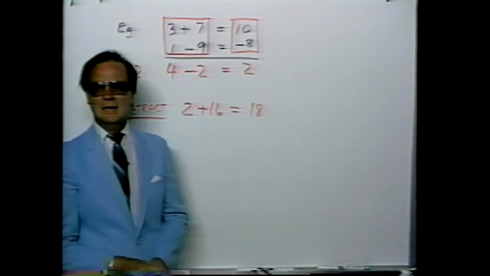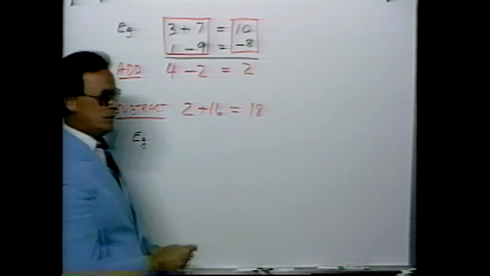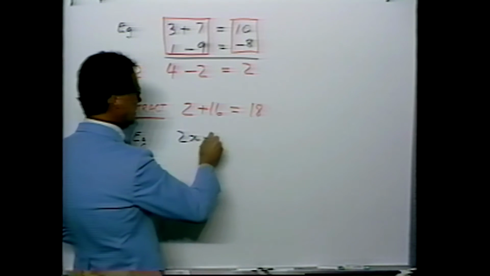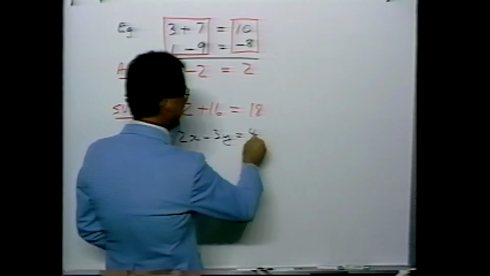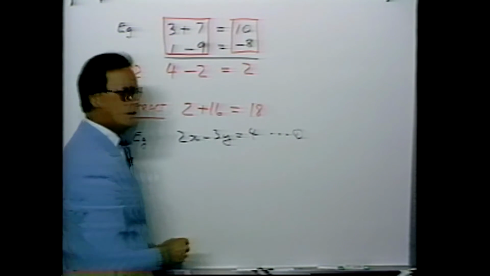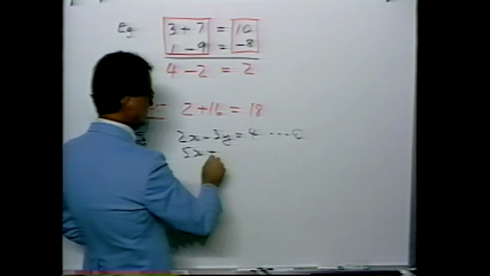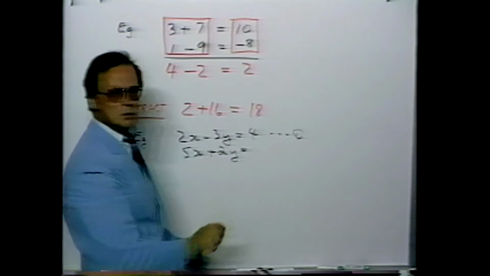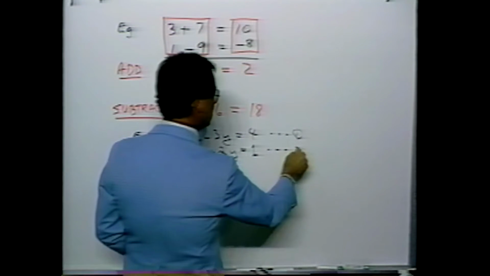And here is, again, a true statement, but this time I subtracted. If we have an actual system with two equations in two variables, like 2x minus 3y is equal to 4, equation 1, and 5x plus 2y equal to 1, my second equation.